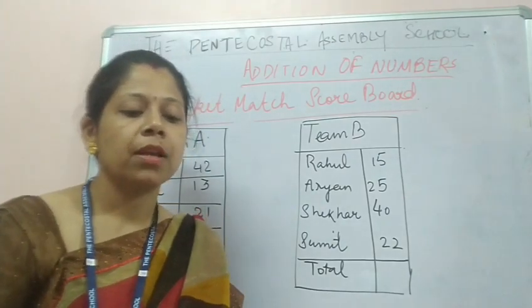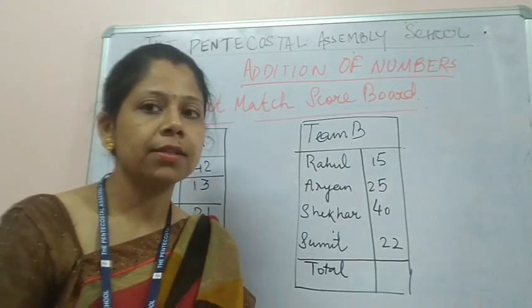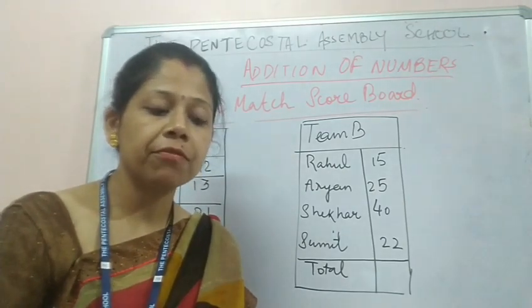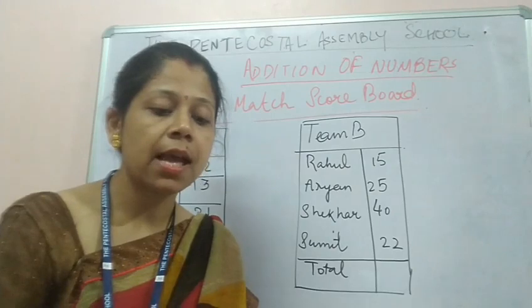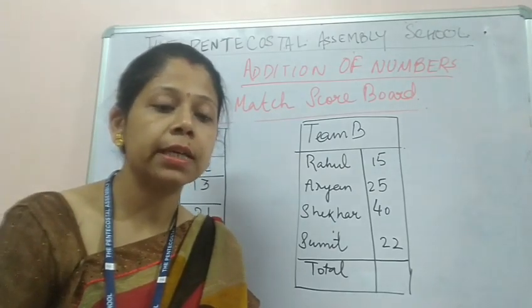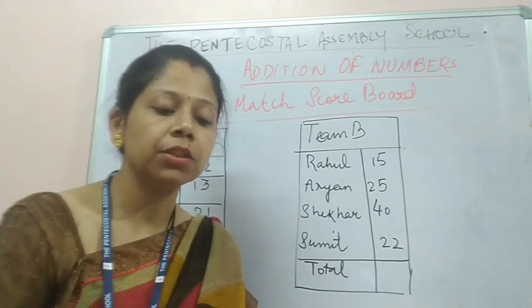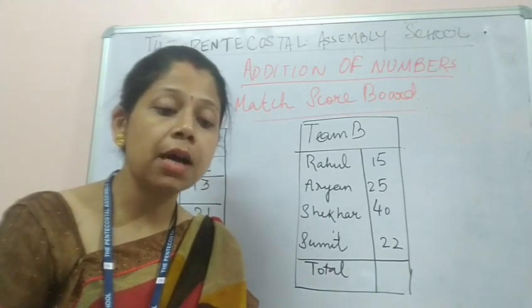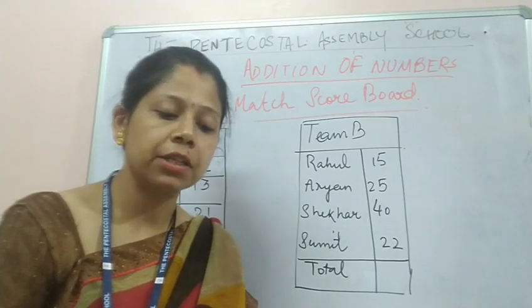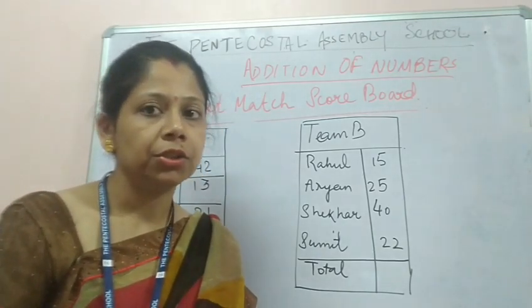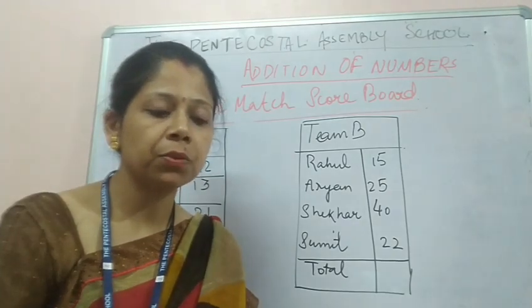The first question, students, is: write a 3-digit number where 5 is in the hundreds place and 2 is in the tens place and the number in the ones place is the sum of the digit in the hundreds place and tens place. Did you get the question? I'm repeating it once again.